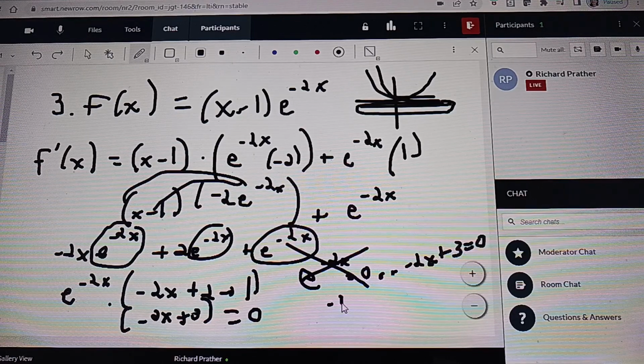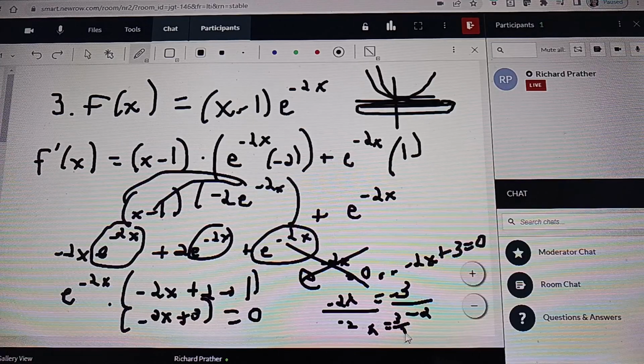This other part is never undefined because it's a polynomial. But this second part does equal 0 one time. If I subtract 3 and divide by -2, positive 3/2 is my one and only critical number.